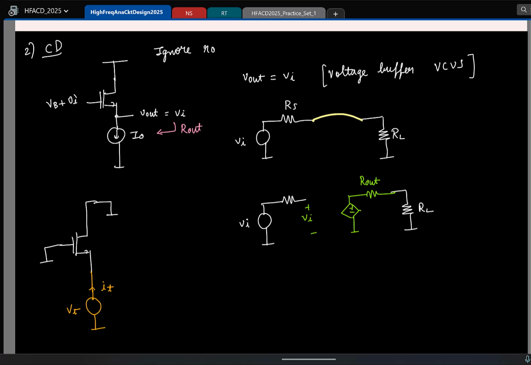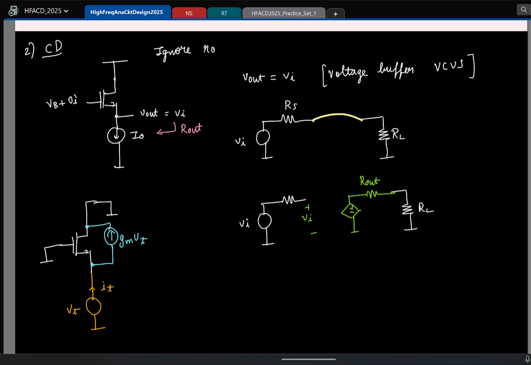So again, for small signals, you have the transistor behaving like a VCCS. What is the value of the current source? GM VGS. What is VGS here? Minus VT, which means I can flip the direction. So this is going to be GM times VT. Okay.